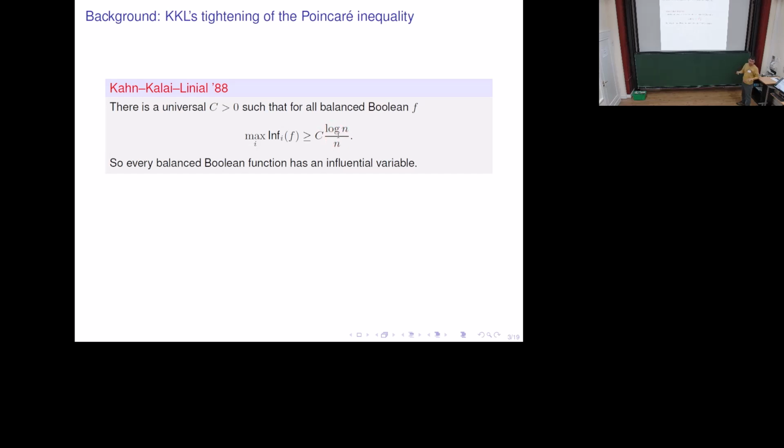In other words, it is possible for you to find a small group of people. If you could somehow convince those people to change their mind during the election, then you have an influential effect on the election that is much more than you could expect. You have a 1 over n order of people, but the influence is actually log n over n. So every balanced Boolean function has an influential variable. That is what the KKL theorem tells us.